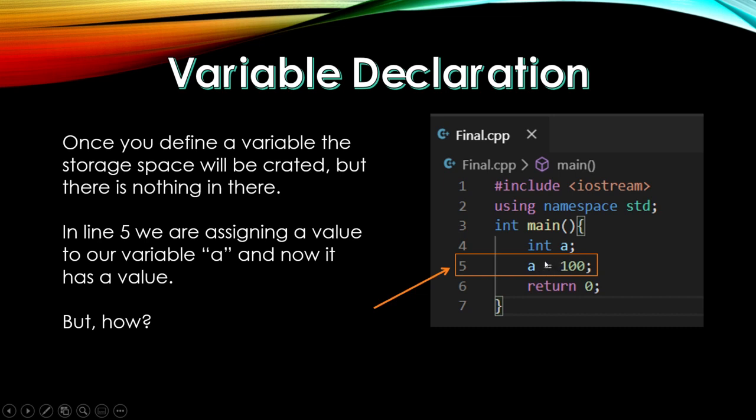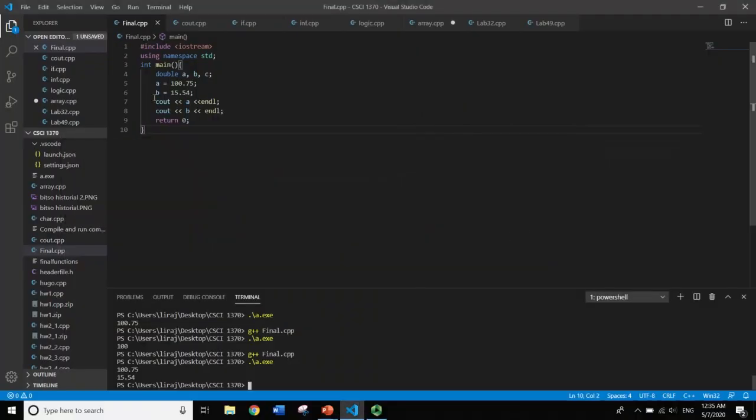This is an assignment operator I will be talking about later on. An assignment operator means that what is on the right side of the assignment operator is going into what is on the left side. A will store 100. As I showed you in the last program, A equals 175, which you can see here.